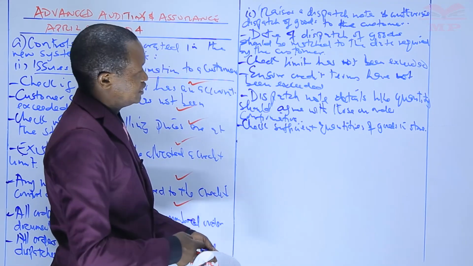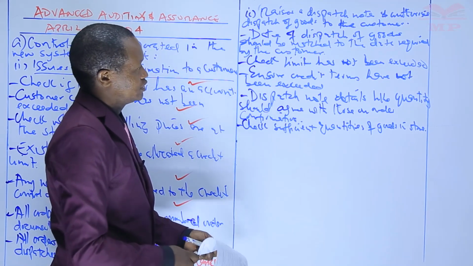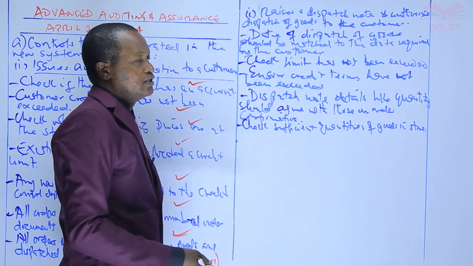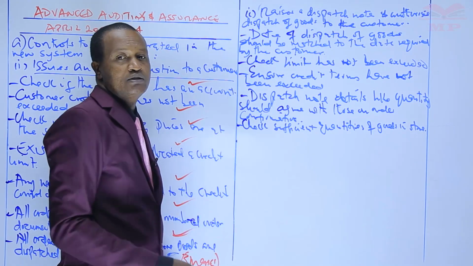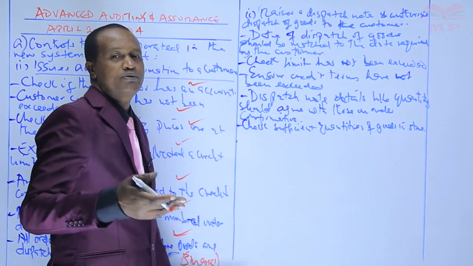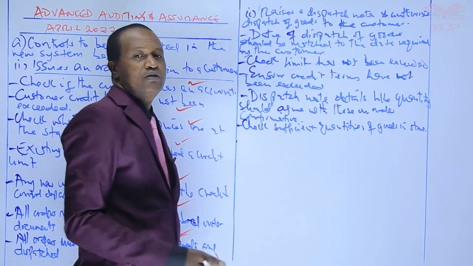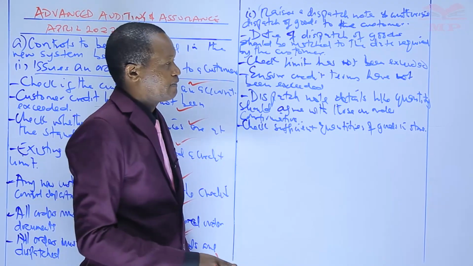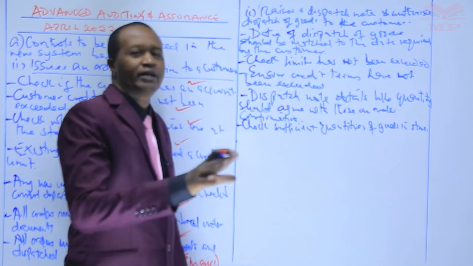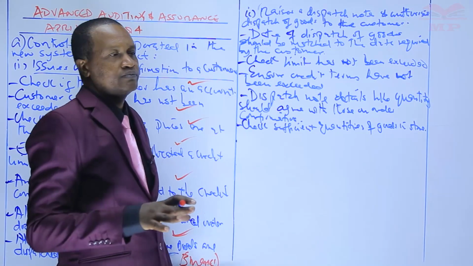So these are some of the controls. There are many we can mention, like regular checks that should be made to ensure that all dispatches have been invoiced. We can also cite the pre-numbering of the dispatch notes.